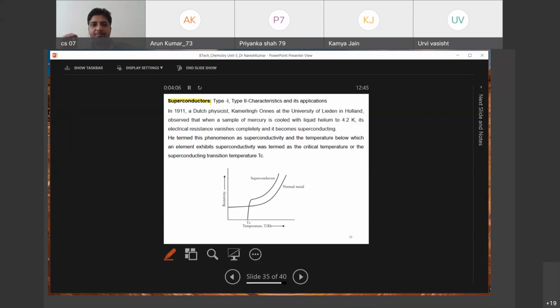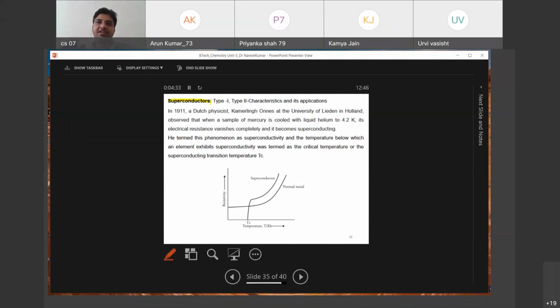But in the case of superconductors, they have superior electrical conductivity as compared to simple, normal metals. Superconductors do not have any kind of electrical resistance.